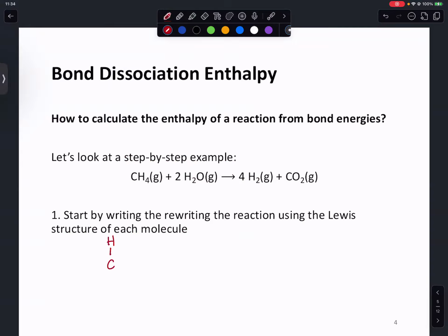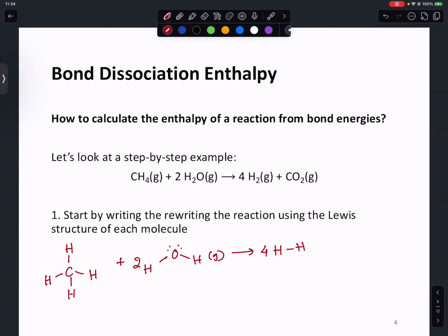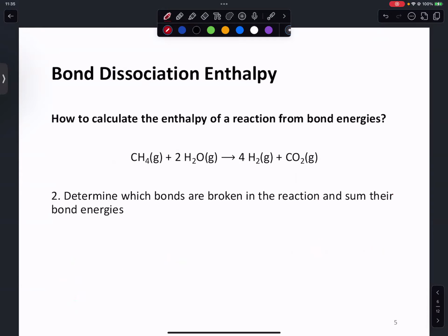So I'm going to say here, this is methane plus 2 moles of water plus 4 moles of hydrogen gas plus carbon dioxide gas.